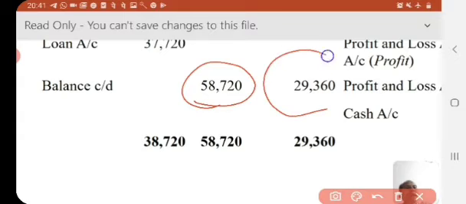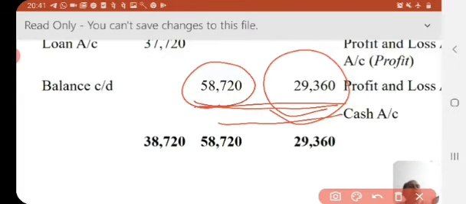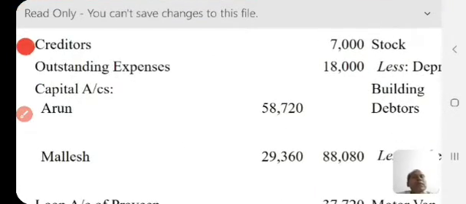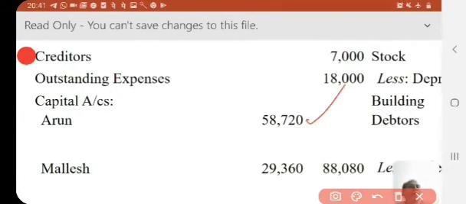And Mallesh balance is 29,360. So these two are the capital balances of existing partners. See this. So this is Arun's capital and this is Mallesh capital.